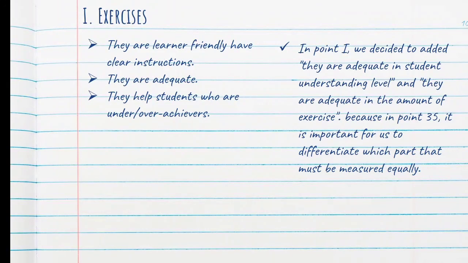In point I, we decided to edit "they are adequate" to "they are adequate in student understanding level" and "they are adequate in the amount of exercise." Because in point 35, it is important for us to differentiate which part must be measured equally. I think that's all.